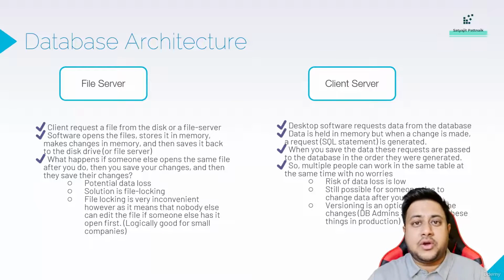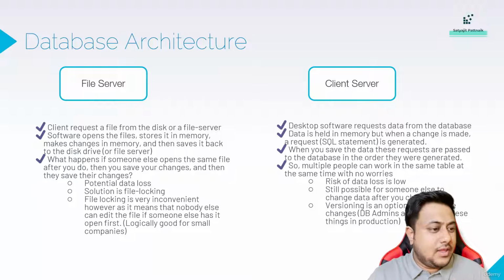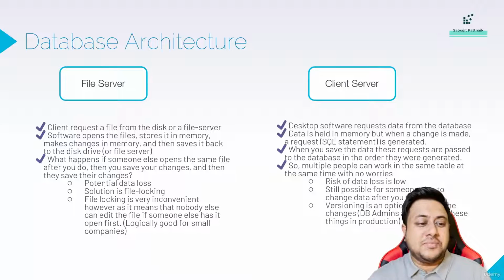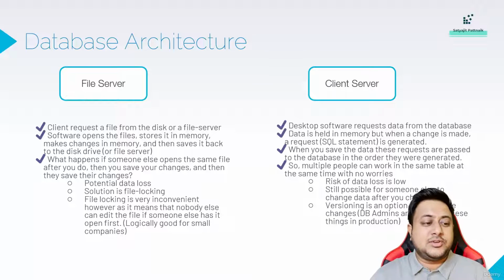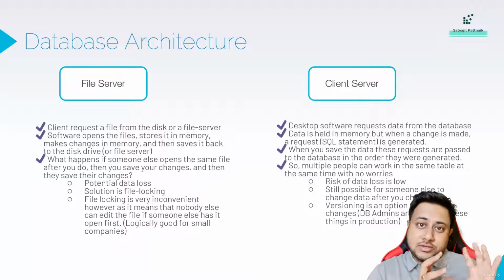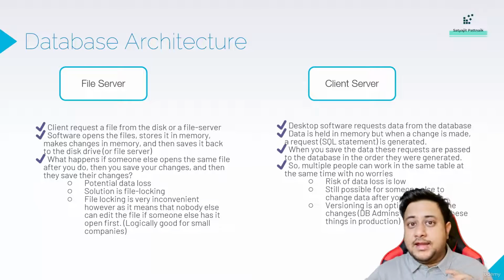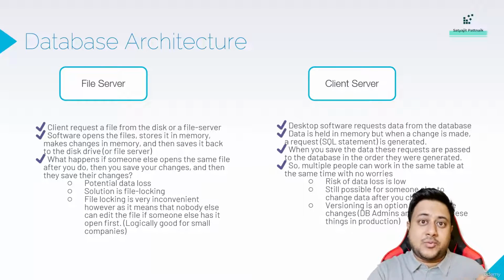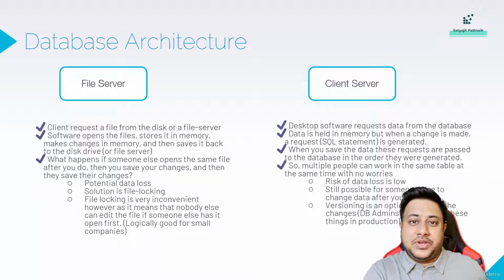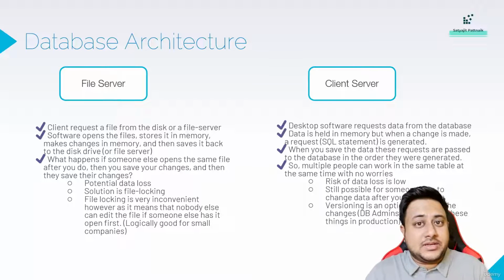But again, file locking has a lot of drawbacks. File locking is very inconvenient, as it means that nobody else can edit the file if someone else has it open first. For example, user 1 is doing some changes and user 2 is waiting for user 1 to finish. He can finish it in 1 minute, he could take 10 minutes, he could take a day.